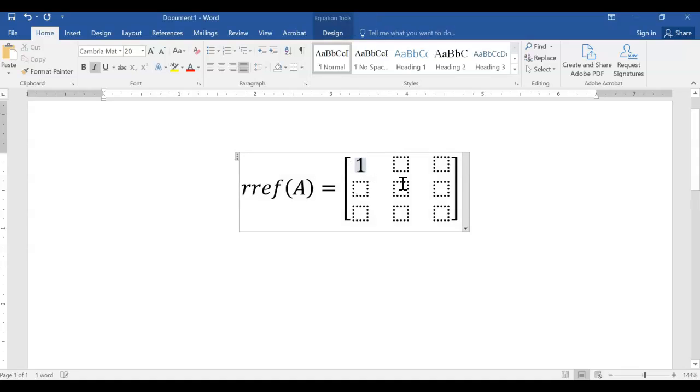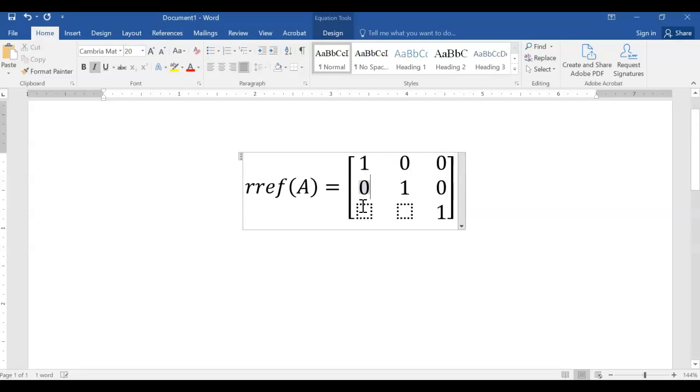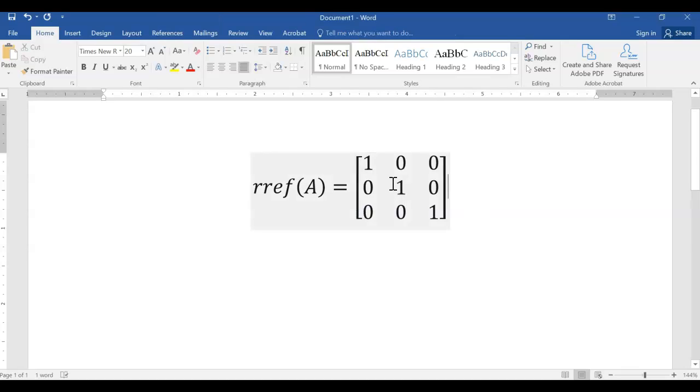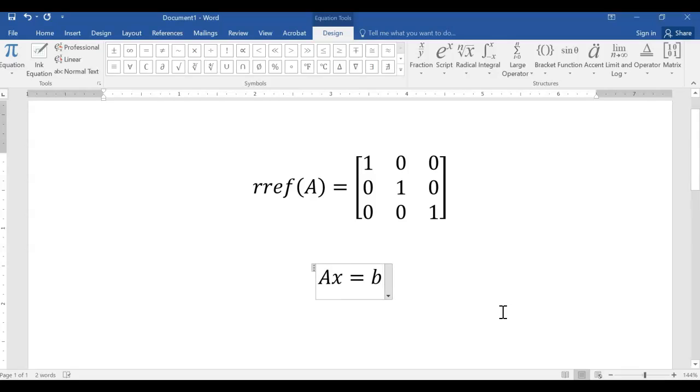In the 3 by 3 case, if we row reduce to the identity, we end up with 3 pivot columns, which means that the equation AX equals B always has a solution, no matter what B is in R3. So the column space has a basis of 3 vectors. It has to span R3.